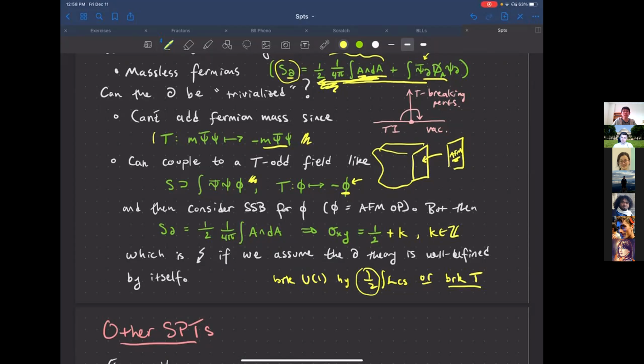Well, I guess I don't know. I guess I don't know a way of getting rid of the half part of the Hall conductivity.